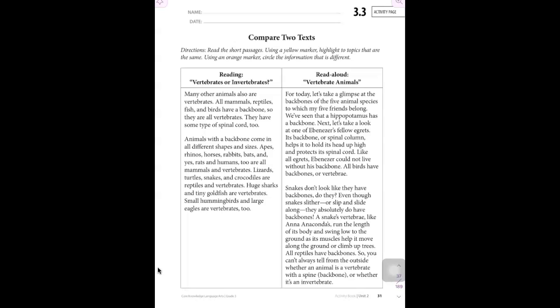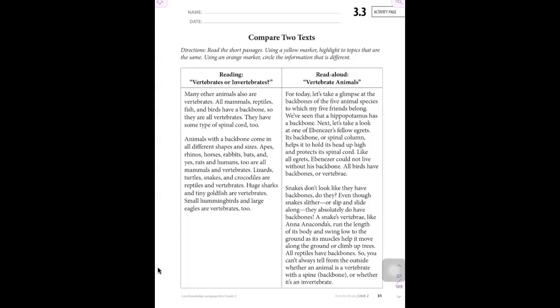Boys and girls, if you do not have a yellow or orange highlighter marker, you can use colored pencil, you can use crayon. It doesn't have to be a marker, okay? So what we're going to do, we are going to look at what you read in your chapter 3 reader, compare it to what I read to you in the read aloud, and see how they are alike and different.